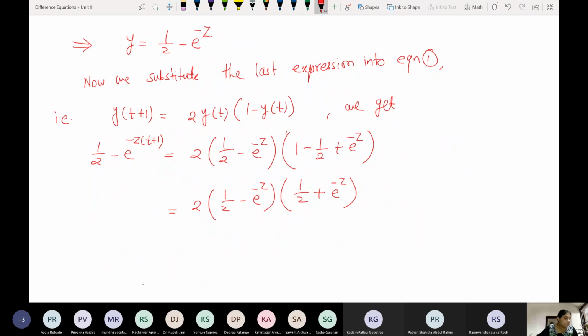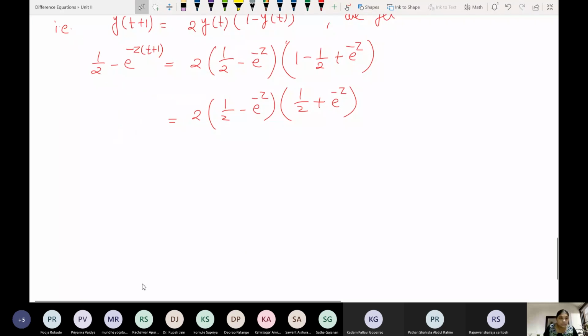So if you simplify this, you will get e raised to minus z at t plus 1 is equal to 2 times e raised to minus 2 times z of t. Just simplify. This here will be 1 by 4 minus e raised to minus 2 times z, then you take the product.